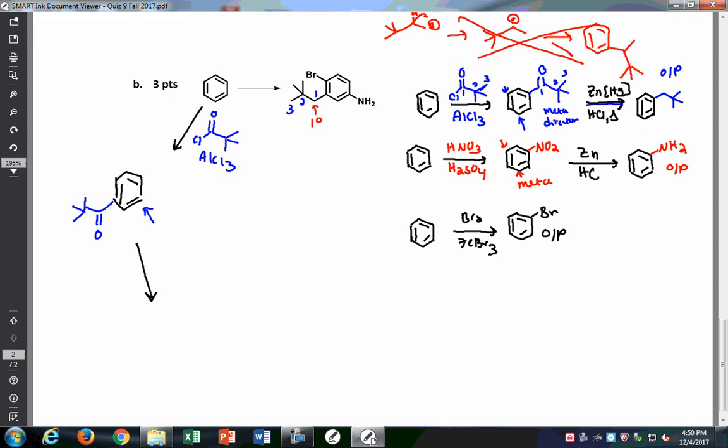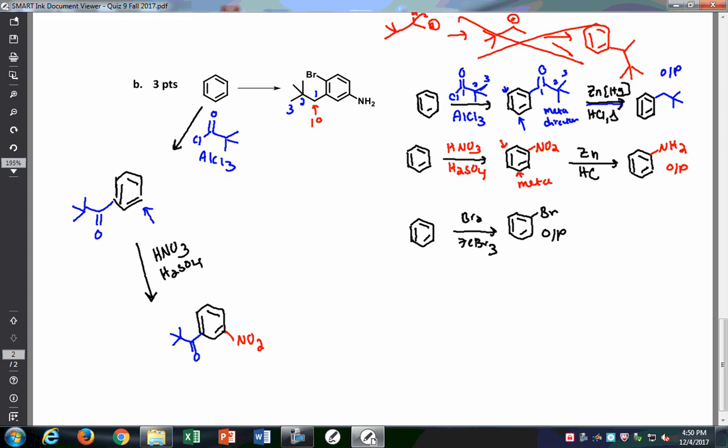So that adds our NO2 in the meta position. Now NO2 is meta directing, and so is our acyl group. But our bromine is para to NO2 and ortho to our carbon-containing group.